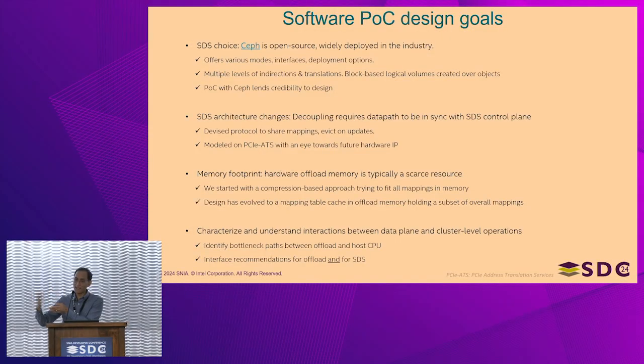So there, that would be exactly like what this software proof of concept is. You have the SDS, and you have a companion module that's caching. Now we can take advantage of the host DRAM and have a bunch of mappings cached there. So a miss from the hardware can still be a hit in the host DRAM, which is a larger memory, which has a larger footprint. And so we've kind of looked at that.